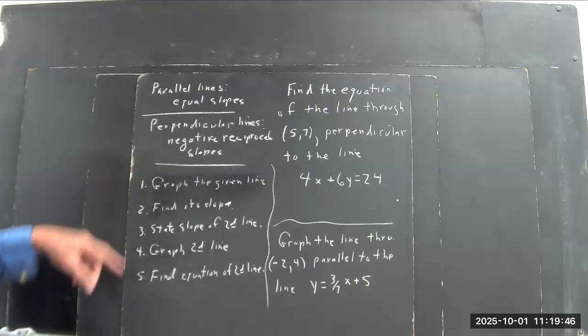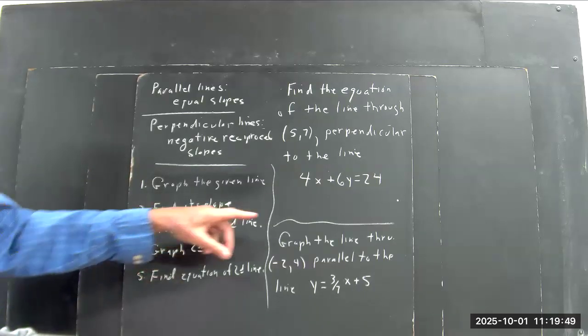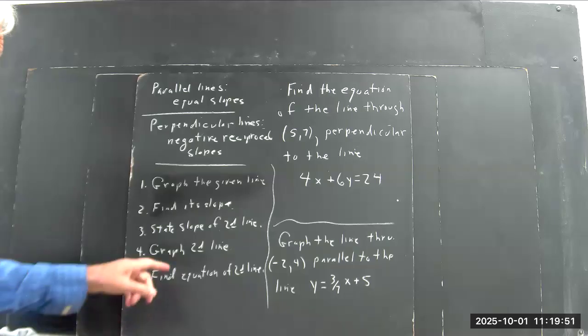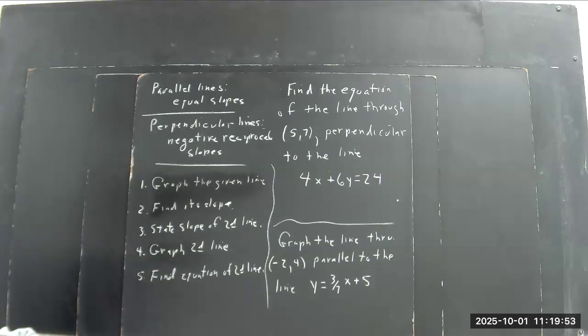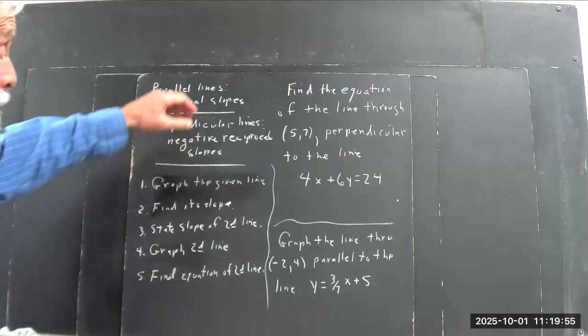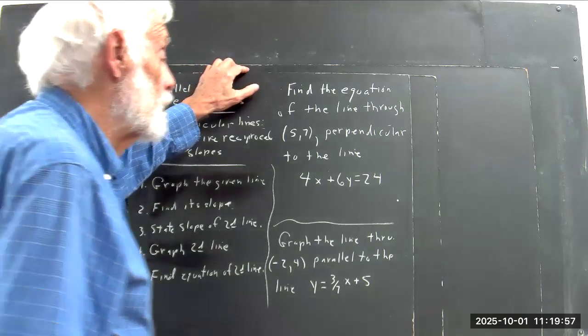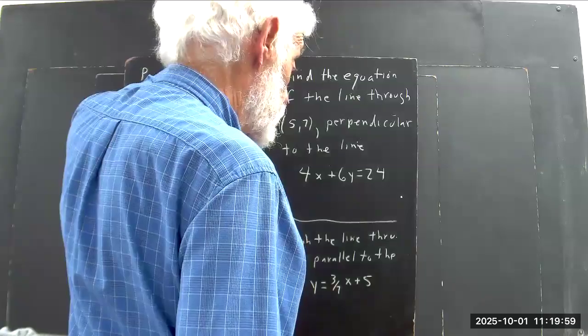Let's start with a graph. As soon as I get the slope of the second line, assume my end point. Graph it, make sure it makes sense, so you can see exactly what it is you're doing.